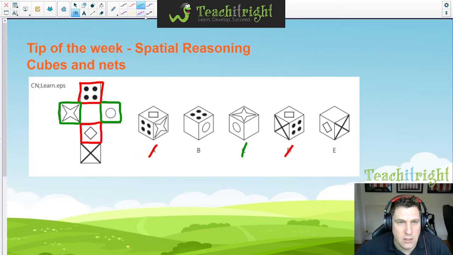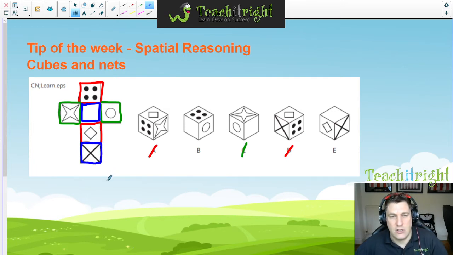And the last one to look at is this blank face here, with no shape on it. And then we've got the cross down the bottom. So those two faces would not be able to touch each other. But as you can see in E, they are touching each other, so therefore we can cross it out. Now, without working too hard, we're actually left with the right answer as B.